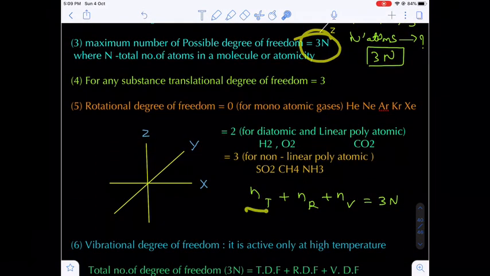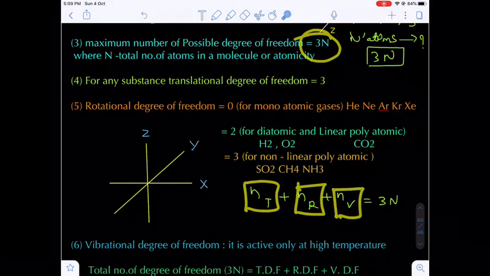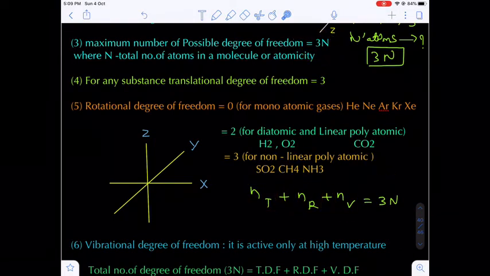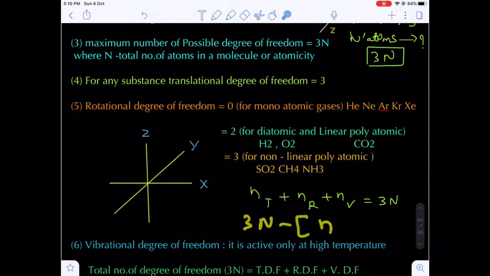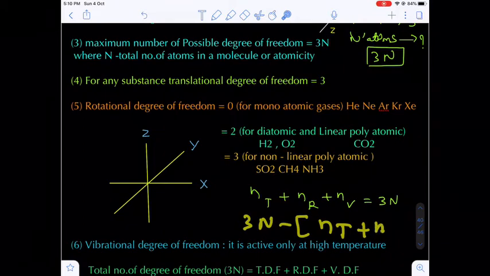Are you getting my point? If you know the translational and rotational degrees of freedom, can you find the vibrational degrees of freedom? Yes. The number of vibrational modes will be 3n minus the number of translational plus rotational degrees of freedom.